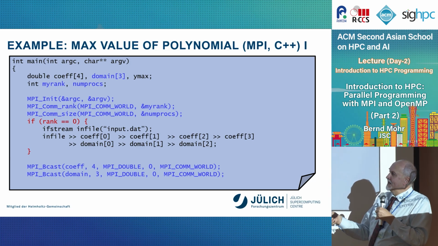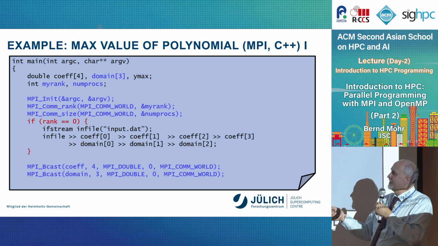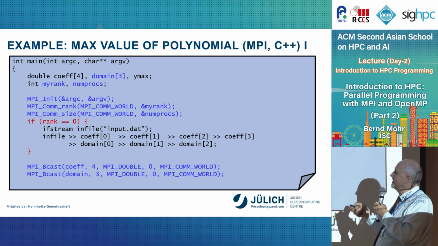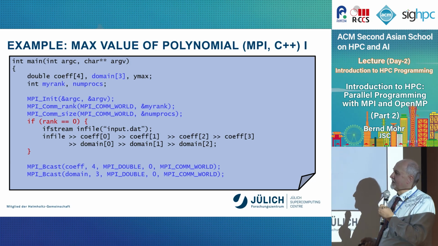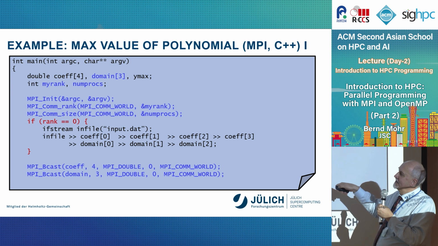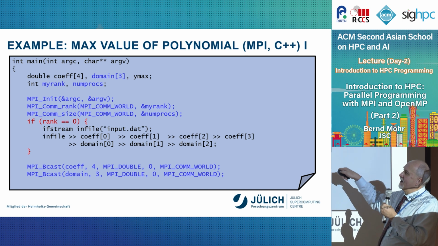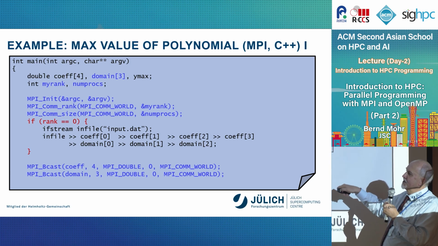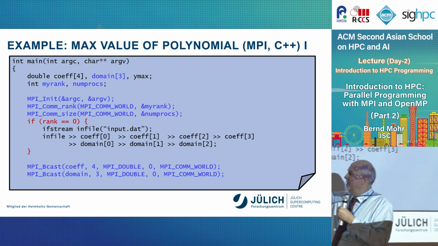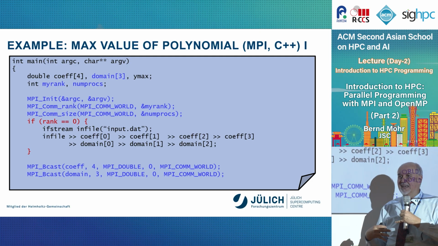If I'm rank 0, I read the file into the variables. The rank 0 is doing this, and on the other processors we ignore that and go to a broadcast. But the broadcast is automatically synchronizing.